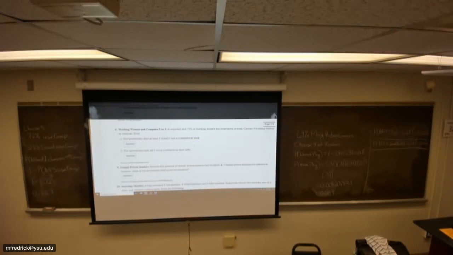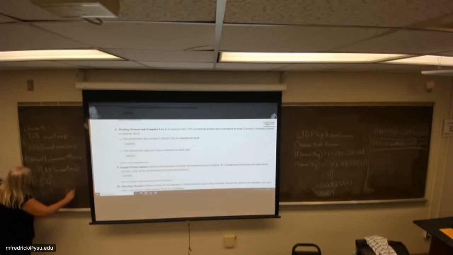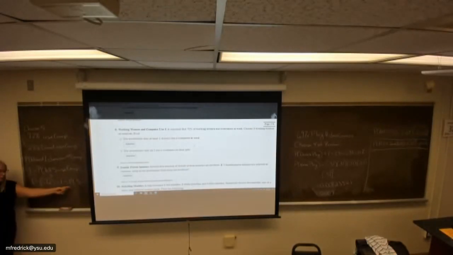They should put B before A. B is the probability that all 5 use the computer, and that would be just the 0.72 to the 5th, which is 0.193. And notice that this and this add up to 1.